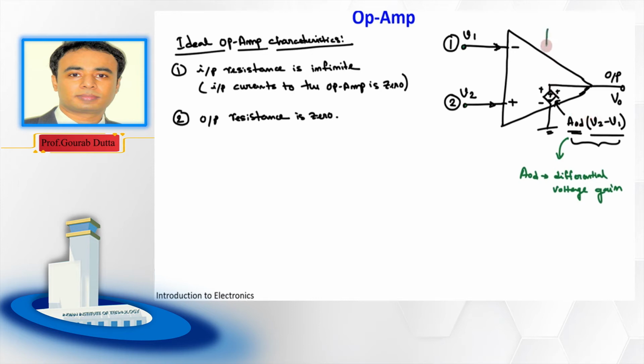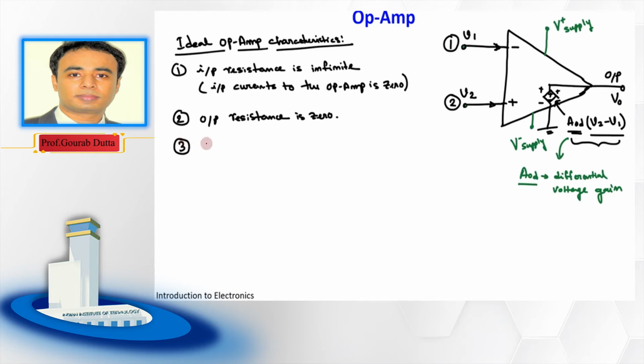Because we are supplying the voltage plus V supply and here negative V supply, if the output is positive, then you can obviously guess the output can go at most up to plus V supply. If the output is negative, then the output voltage can be at most the negative V supply. But the important thing to remember is that the differential voltage gain of this ideal op-amp is infinite. So let us write that part as well.